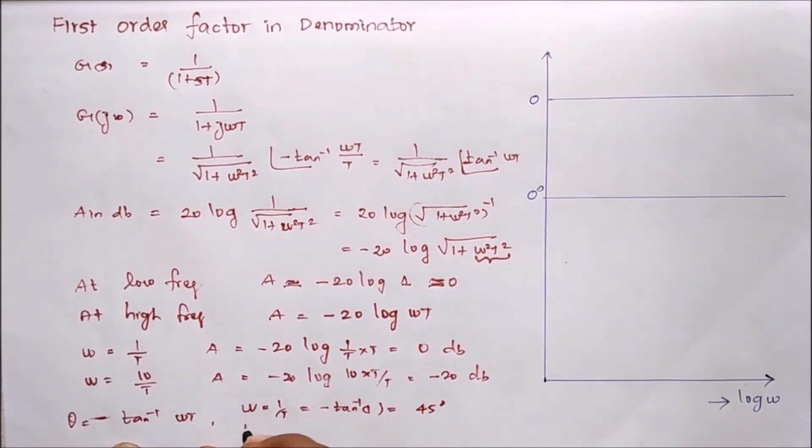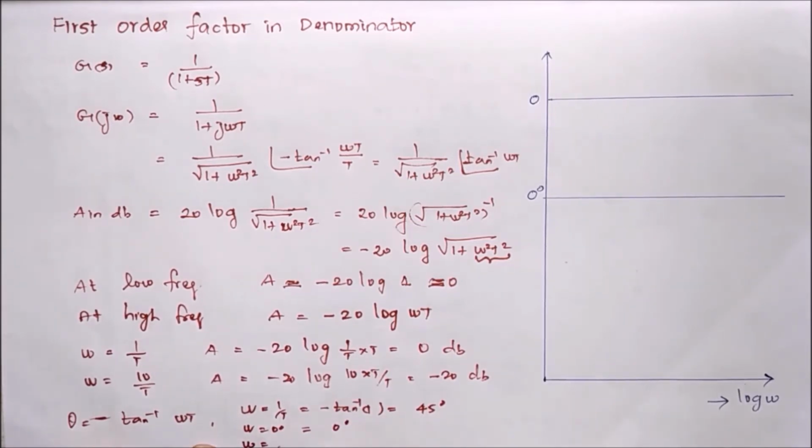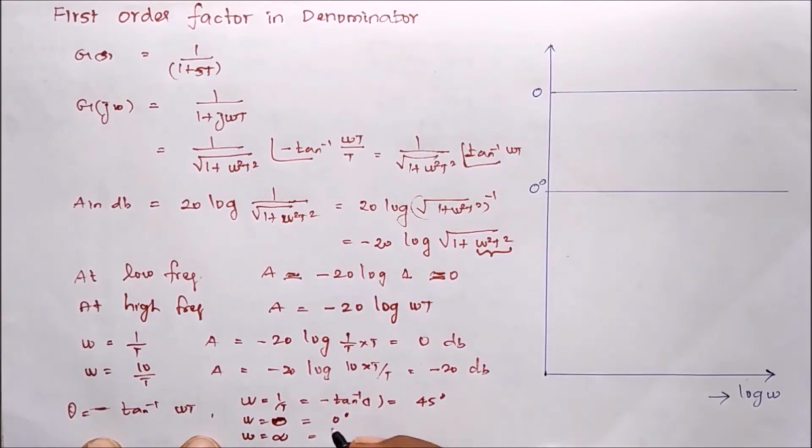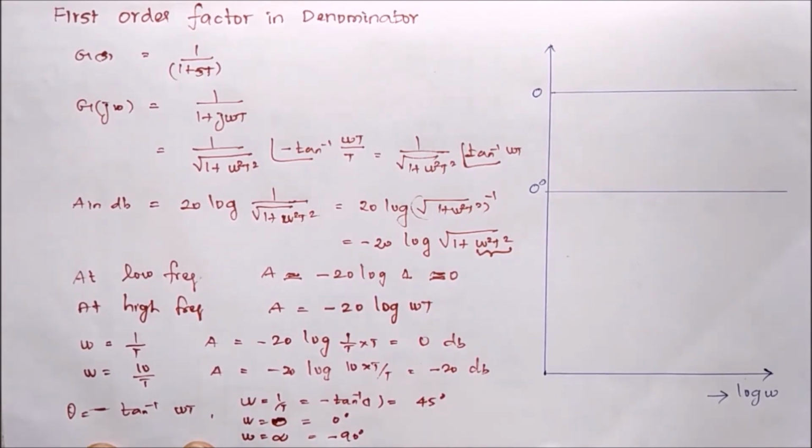When omega equals 0, tan inverse of 0 is 0 degrees. When omega equals infinity, minus tan inverse of infinity is nothing but minus 90 degrees. Therefore the angle always lies between 0 and minus 90 degrees.